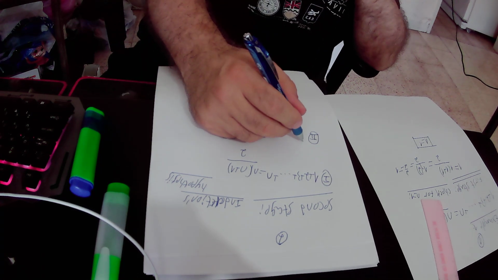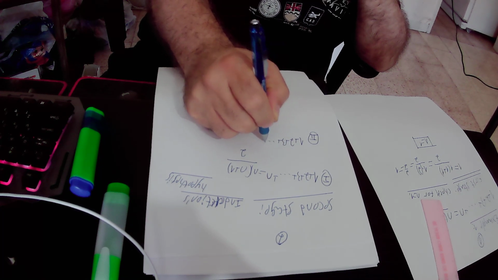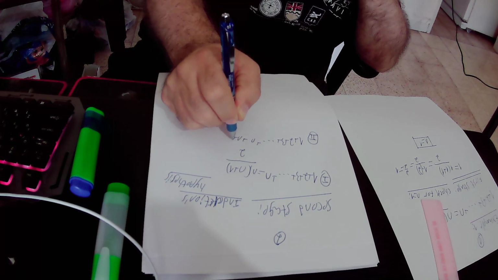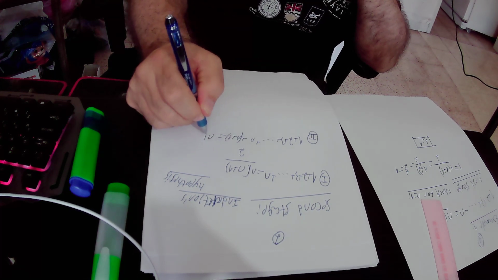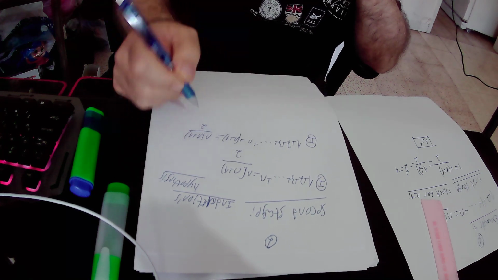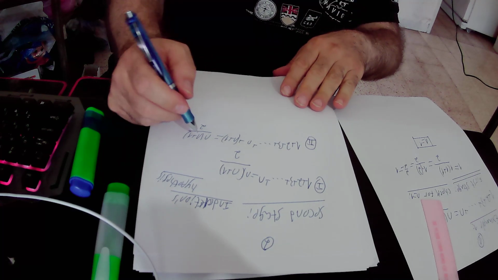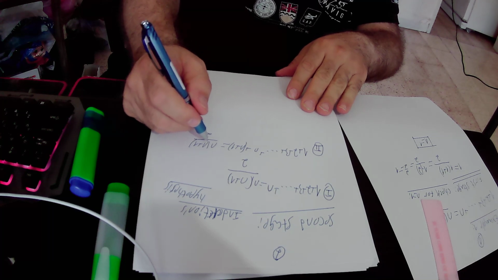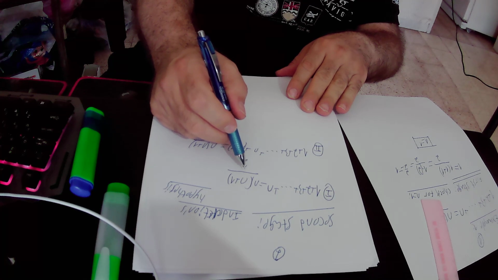So the expression for n plus 1 will be 1 plus 2 plus 3 plus n plus n plus 1 equals n times n plus 1 divided by 2. The expression for n plus 1 is actually in this side of the equation.